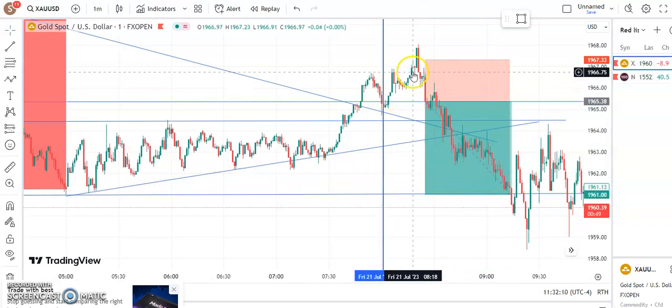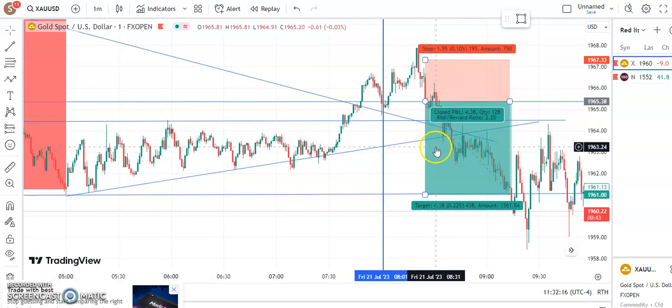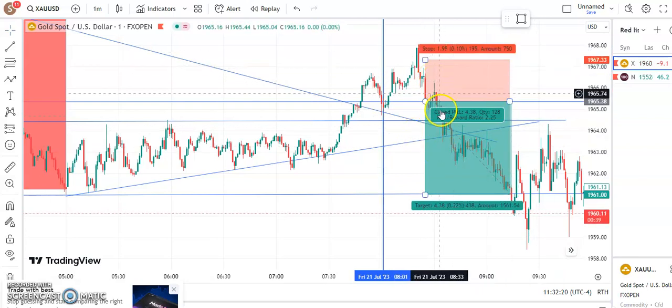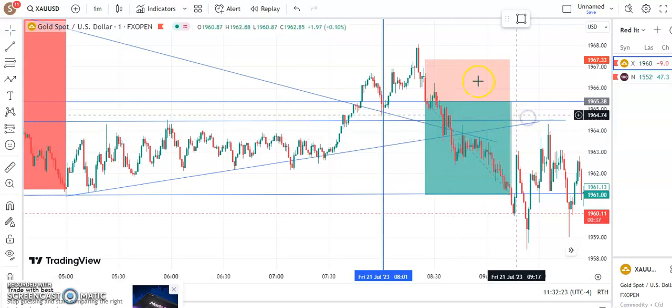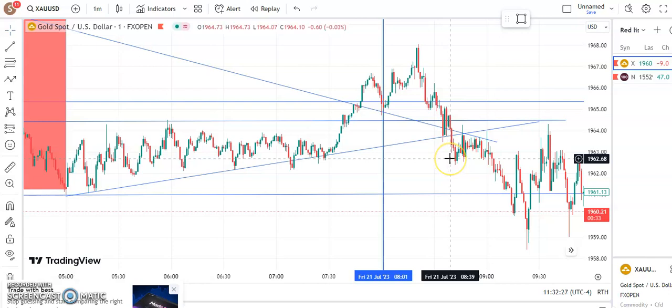So, price breaks down and then confirms at 830 with this engulfment. So, price continues falling. If you wanted to add a position, here's another area to add a position, 839.